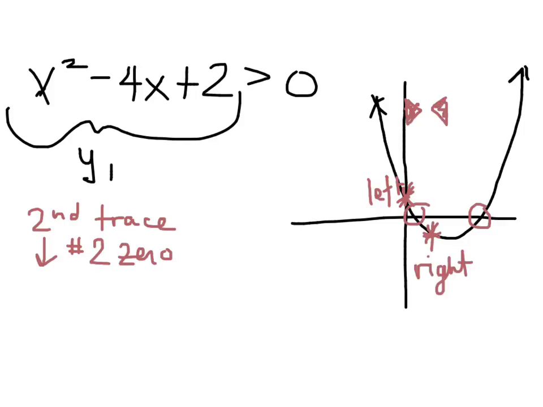So what should happen is, your left and your right, remember the arrows should point at each other? And in the guess part, just hit enter one more time. And what number comes up? Rounded to 2 decimal places. 0.59.